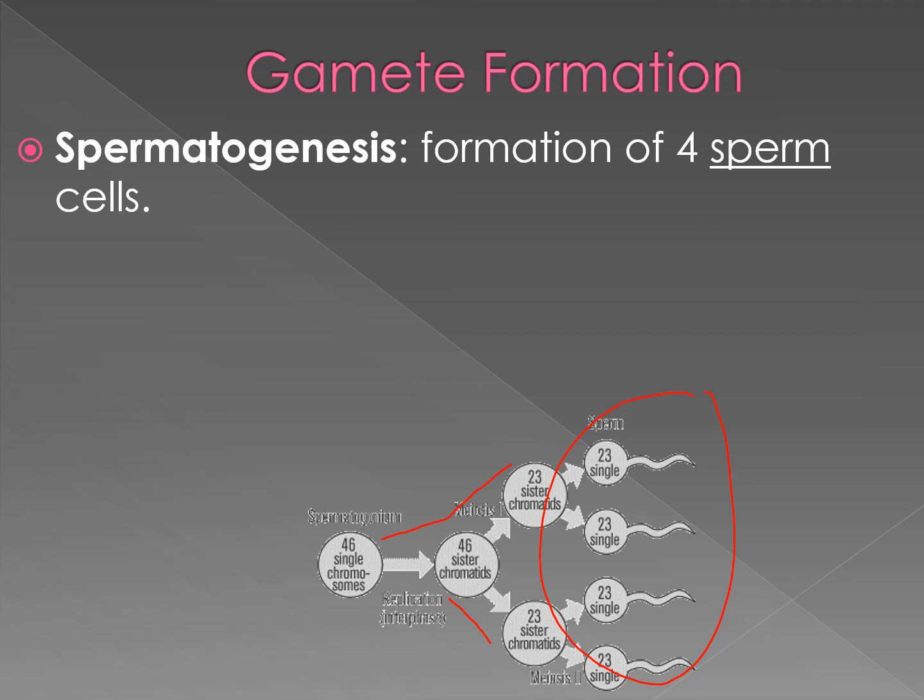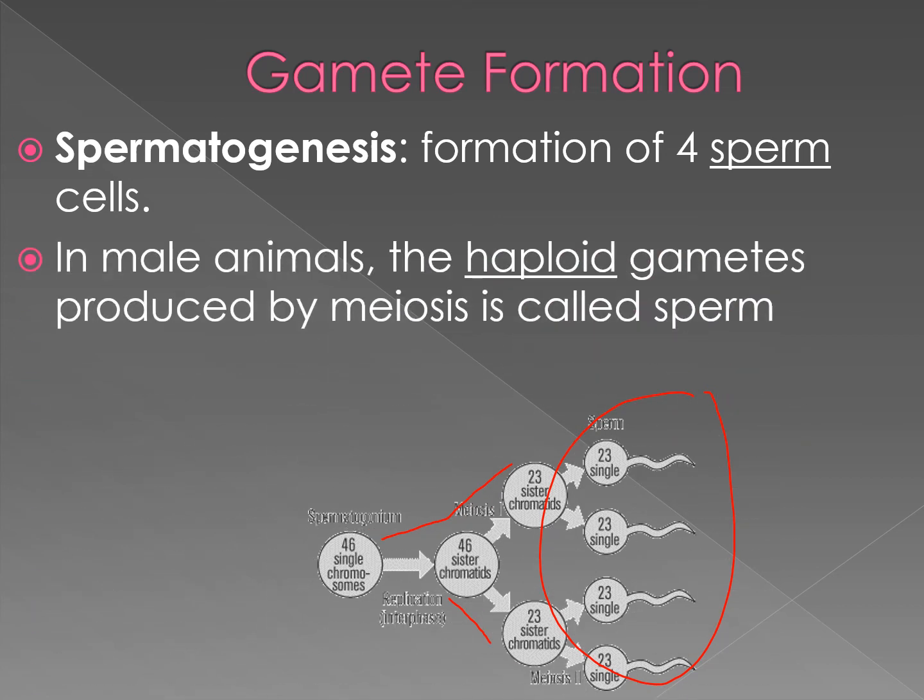We have all of our eggs, but guys in one ejaculation can release up to 7 million sperm. Their body replaces that and makes millions and billions of sperm a day through this process. So every process, they get 4.